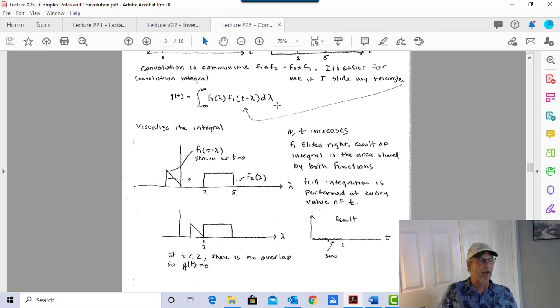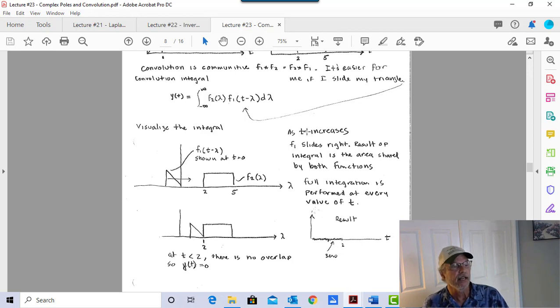As I go along my lambda axis, which is what I'm integrating on, well, here f1 is equal to something, but f2 is equal to 0, so I got 0. And here, f2 is equal to something, but f1 is equal to 0, so at t equals 0, obviously the result of this integration is 0. So let's plot that on the time axis.